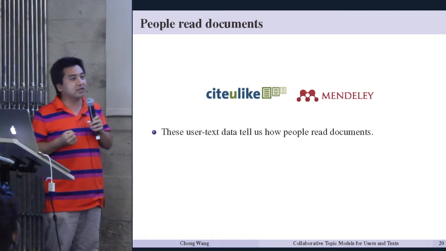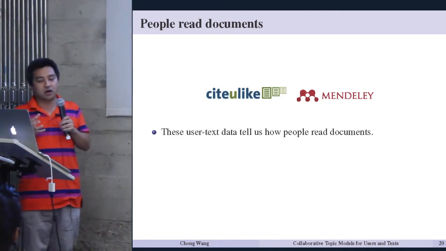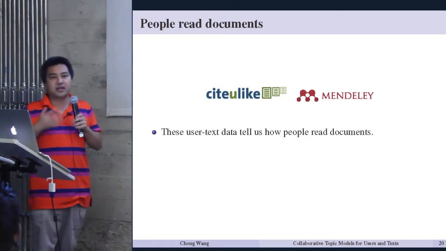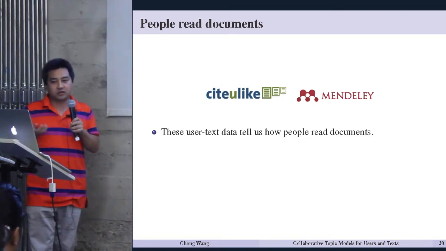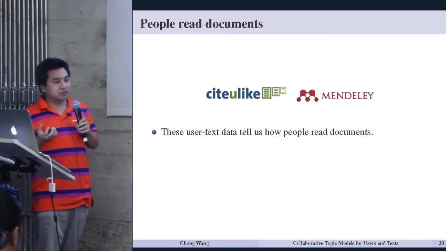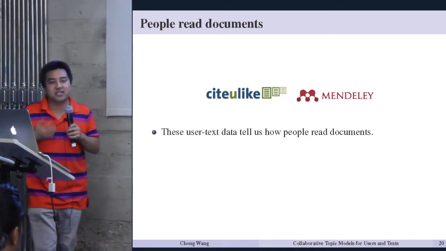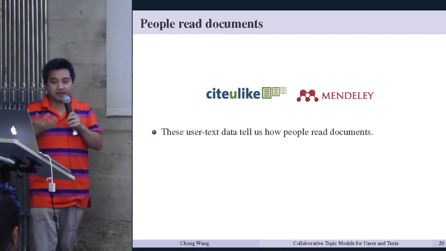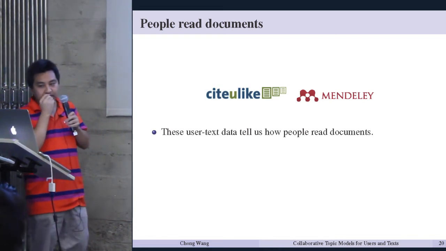Specifically, this model is created for scientific articles. But I think it can be generalized to other documents, other data sets or applications. Right now, this kind of data, at least for me, is easier to get, but maybe there is other data I don't have access to.